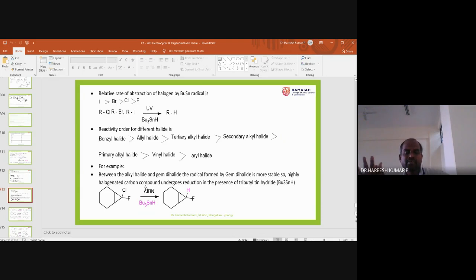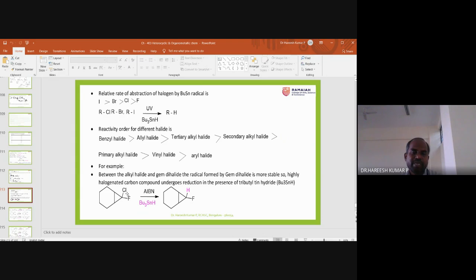So if one substituent contains a gem halide, and another substituent contains a gem halide, the gem halide undergoes reduction with tributyl tin hydride. So this is one example of a gem halide, because this carbon contains two halides.